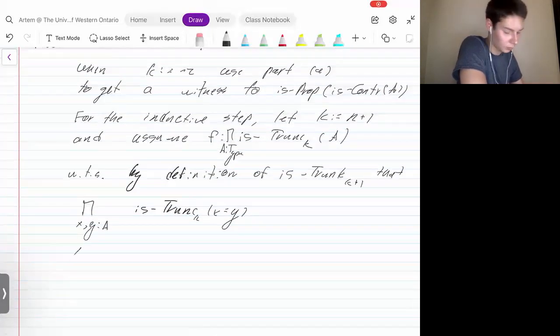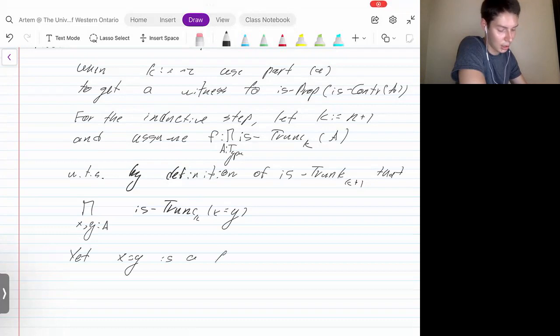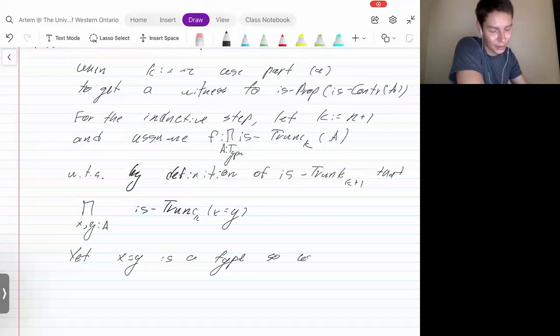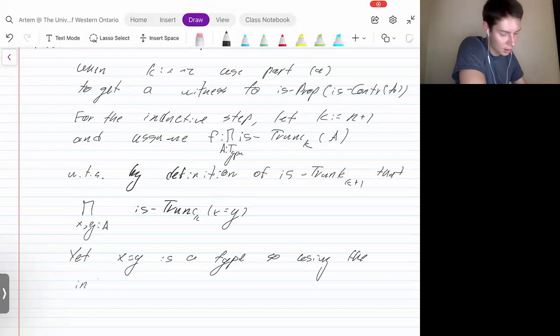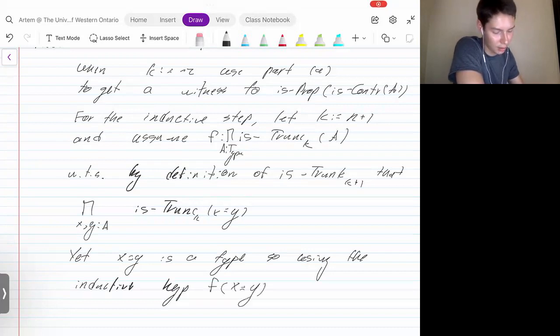Yet x equals y is a type, a very evident conclusion. So using the inductive hypothesis, f applied to x equals y, we are done.